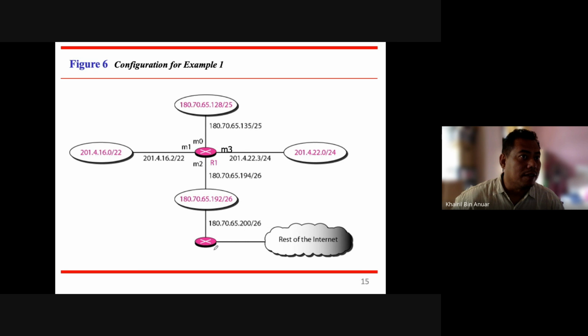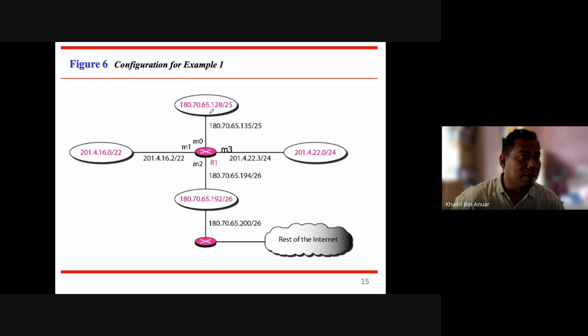Out of this you will see that we have 4 different networks: network number 1, 2, 3, 4, and there is actually another network over here. You can see that this is the port attached to this network.